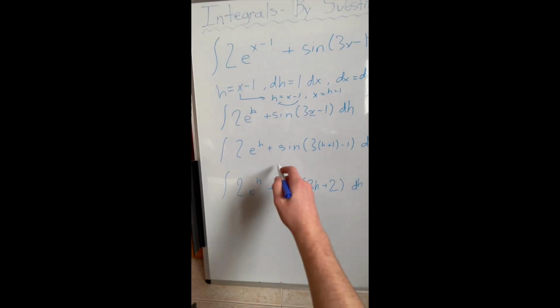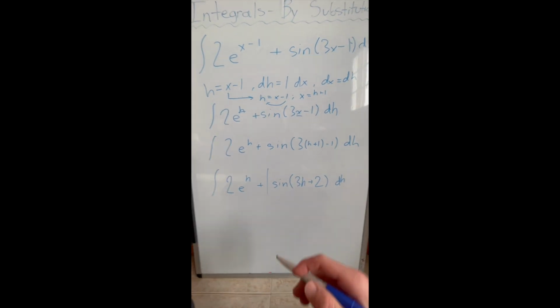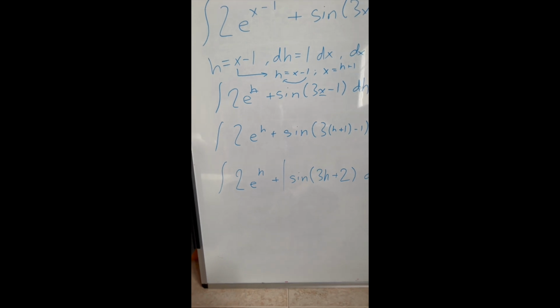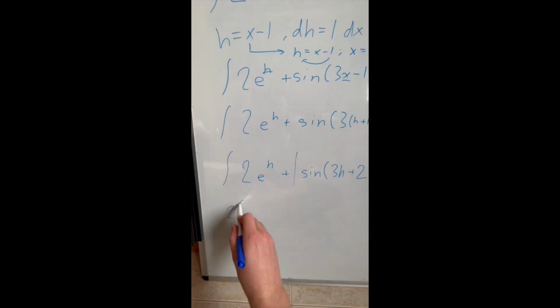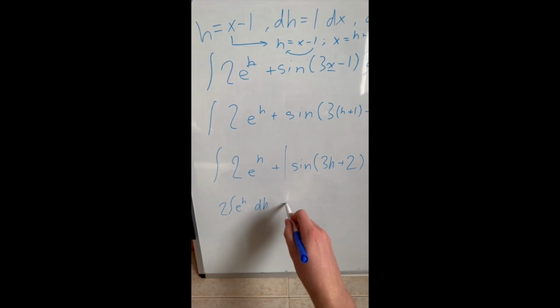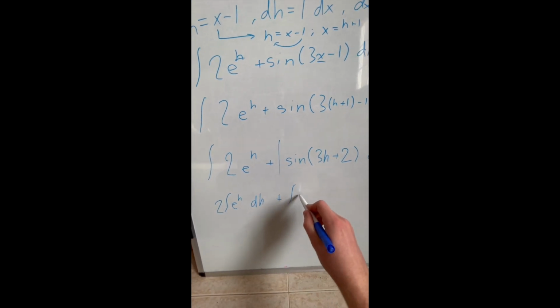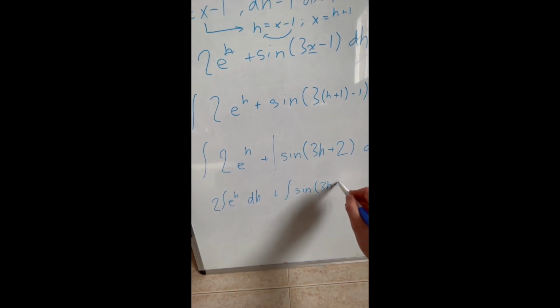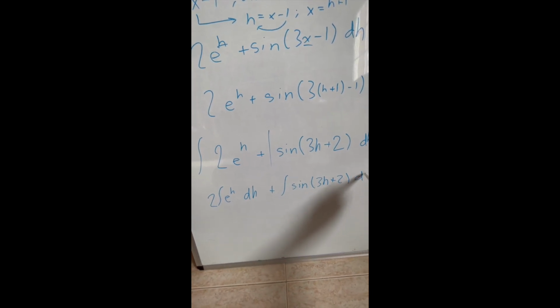Here we can break this down into two integrals, and we can also take out this constant. So we can say that 2 times the integral of e to the power of h dh plus the integral of sine of 3h plus 2 dh.